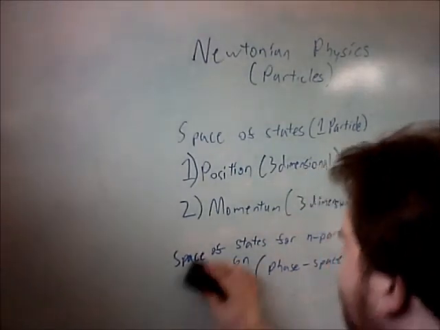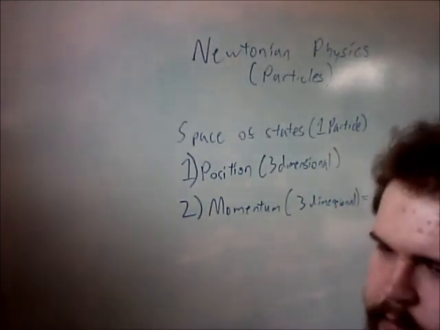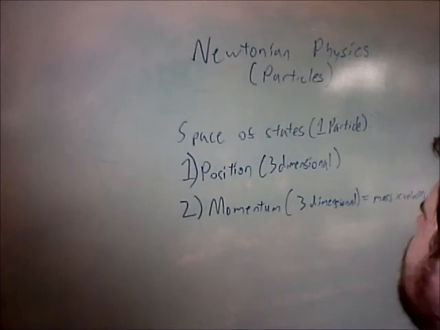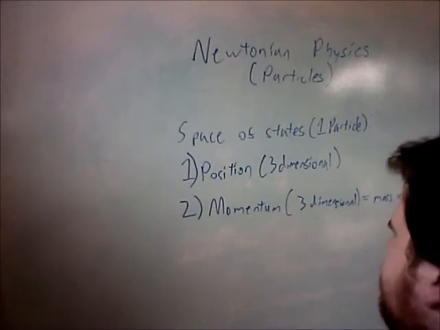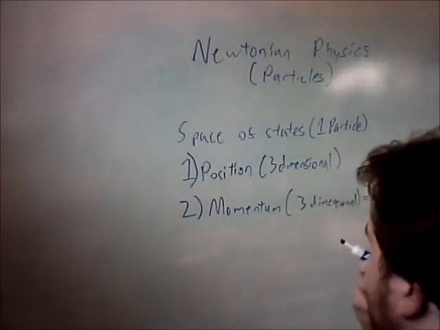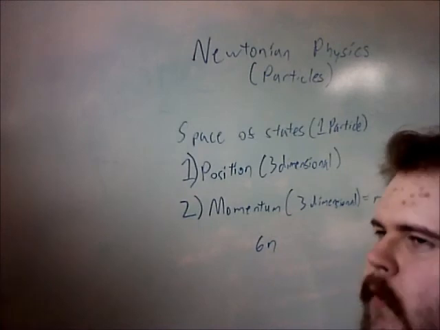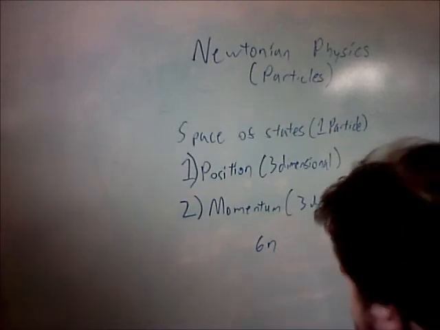For the most simple Newtonian physical theories, it consists of one particle states or n particle states, and the dimension for an n particle state is 6 times n, where n is the number of particles.